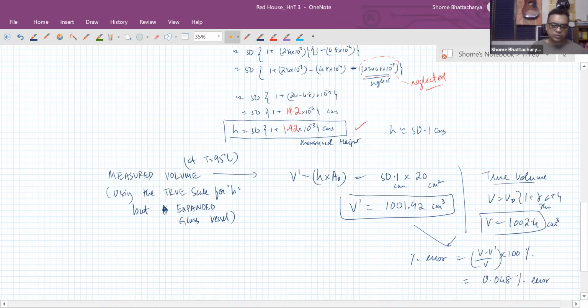According to my calculation, it's coming out to be this much percentage error. Now this percentage error, I'll tell you an easier method of calculating it. You don't need to do this calculation actually.